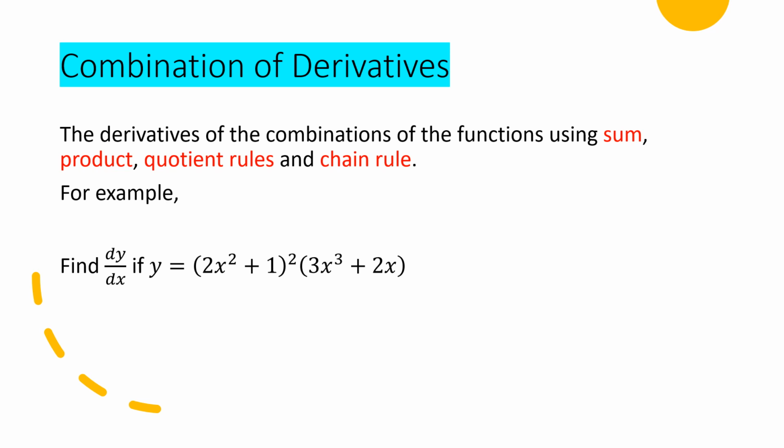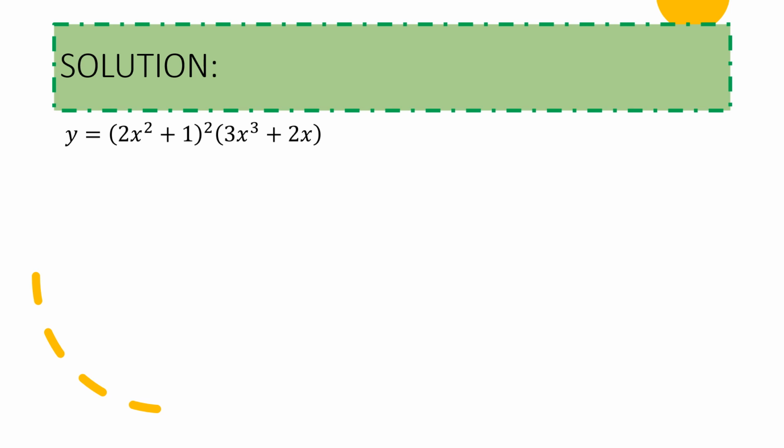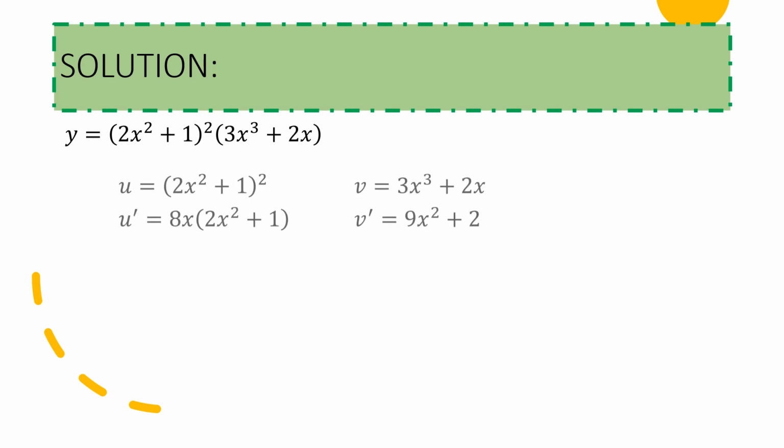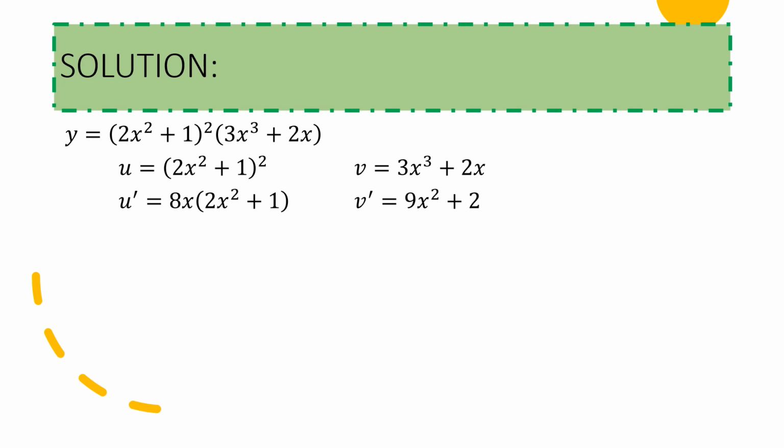For example, find dy/dx if y equals (2x squared plus 1) squared times (3x cubed plus 2x). Based on the function given, we need to solve the derivative of y by using product rule. First, we let u equal (2x squared plus 1) squared and v equal 3x cubed plus 2x.